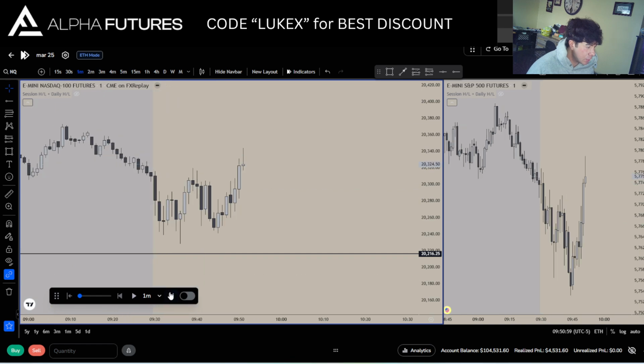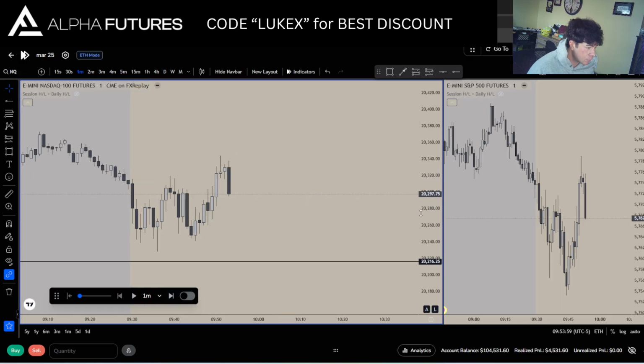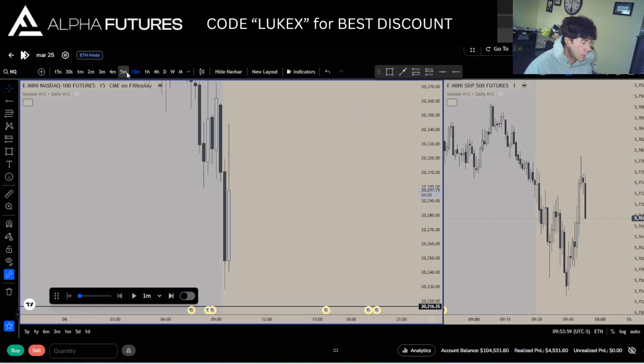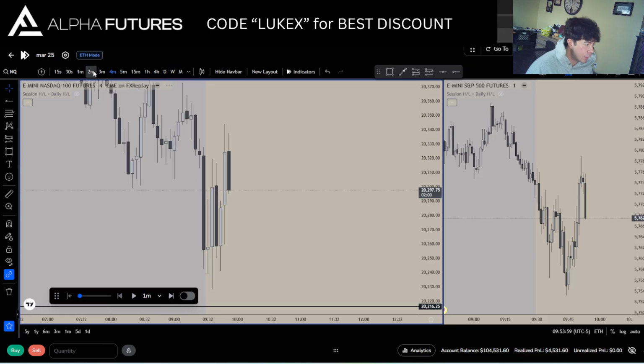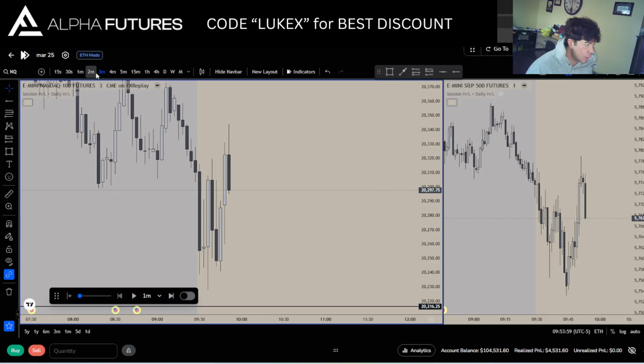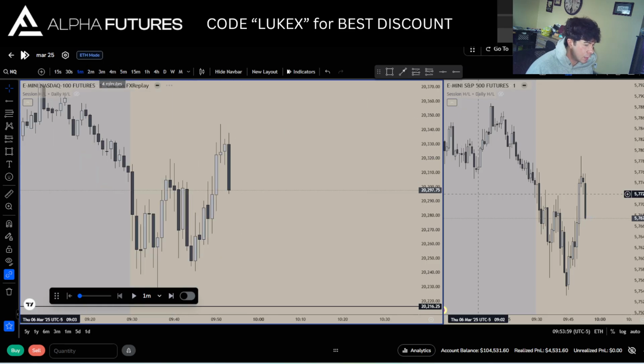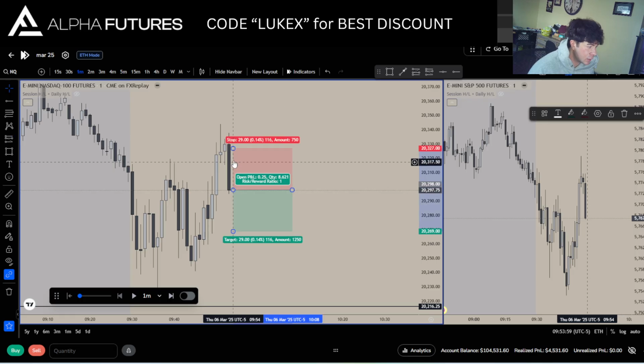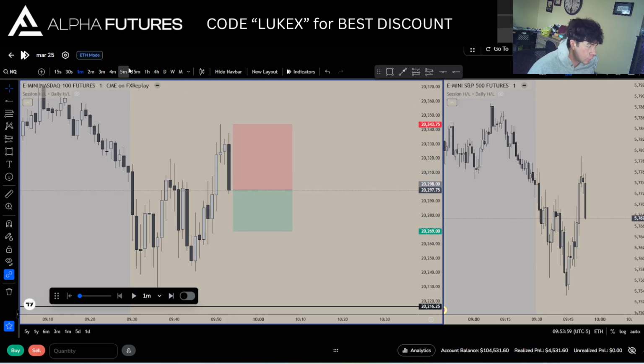I want to see us manipulate here. Maybe we can come down. Okay. So price tapped into a 5-minute, a small 3-minute. We manipulated above the highs here. We got a nice inversion. I kind of think we can short this here. But let me see.